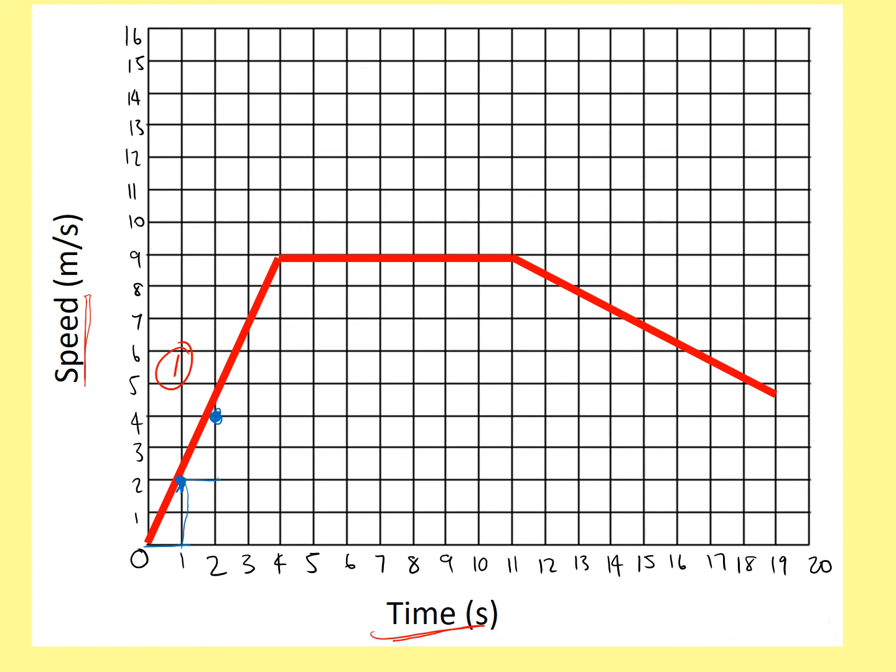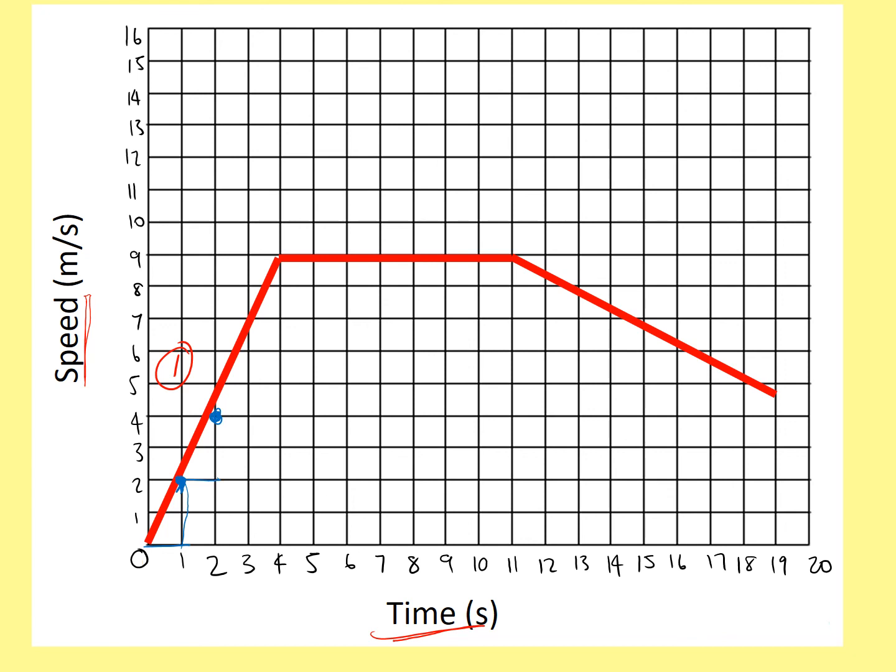And if an object is accelerating, there must be a resultant force acting on that object. So when you have a speed time graph and you see a straight line like in section 1, you know that the object is accelerating and there is a resultant force acting on that object.